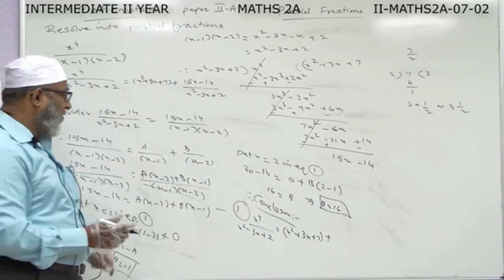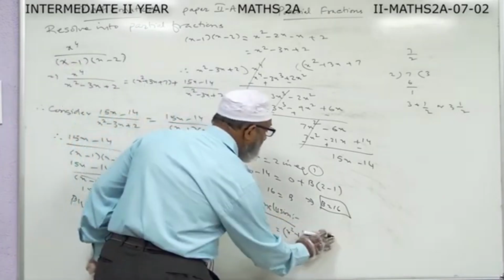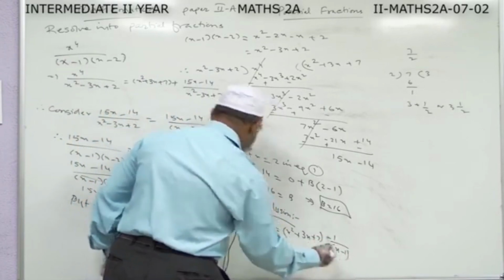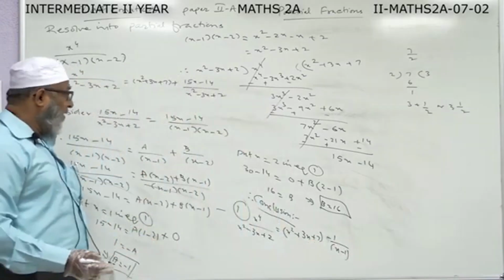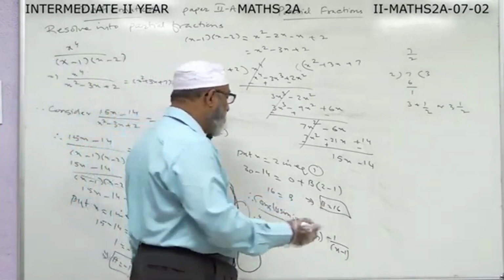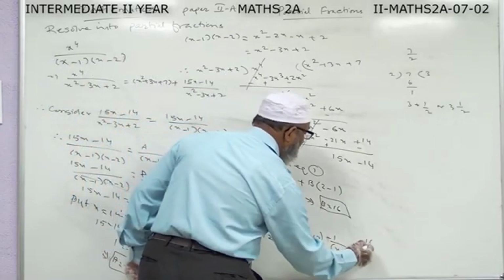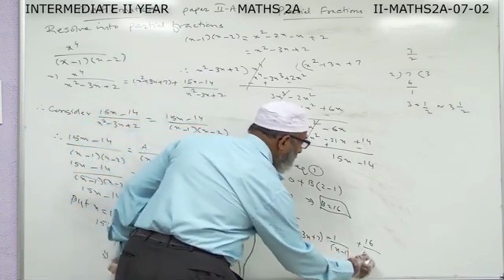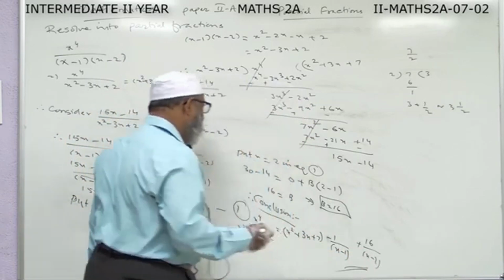Minus 1. Minus 1 by x minus 1, plus b. What is b? 16. Plus 16 by x minus 2. So, this is my conclusion.